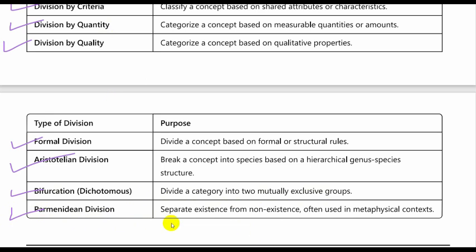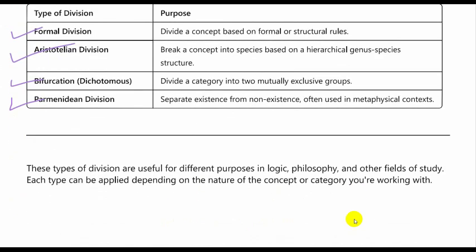Parmenidean division separates existence from non-existence, often used in metaphysical contexts. So each type of division is useful for different purposes in logic and other fields of study. Each type can be applied depending on the nature of the concept or category that we are working with.